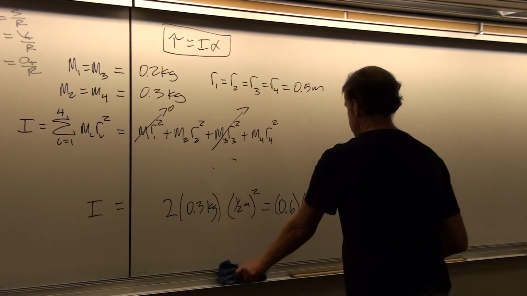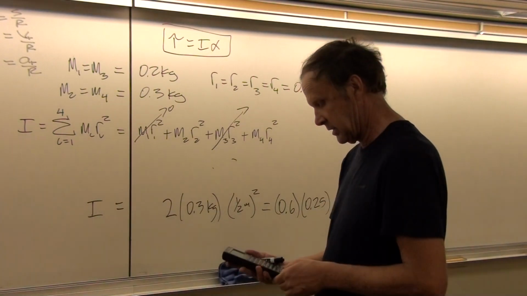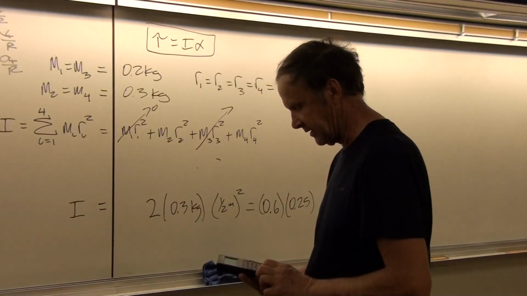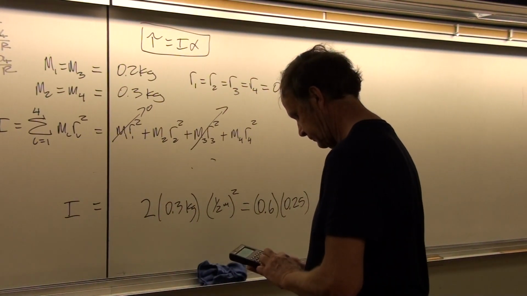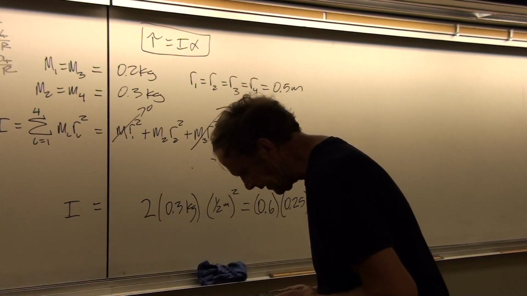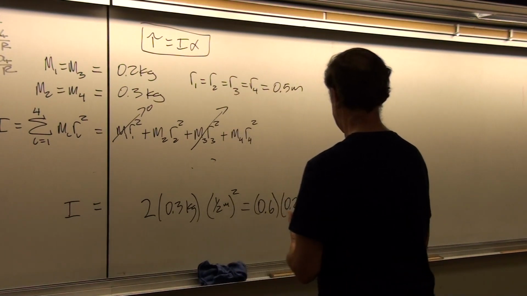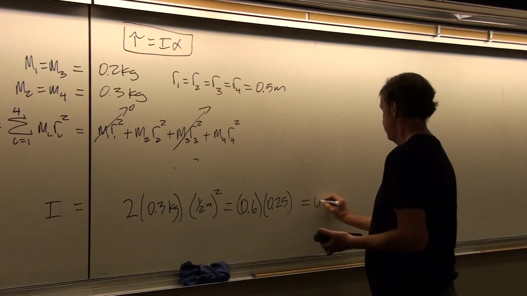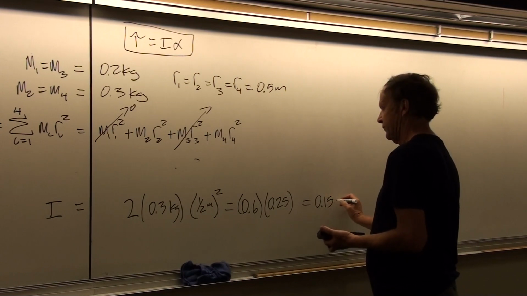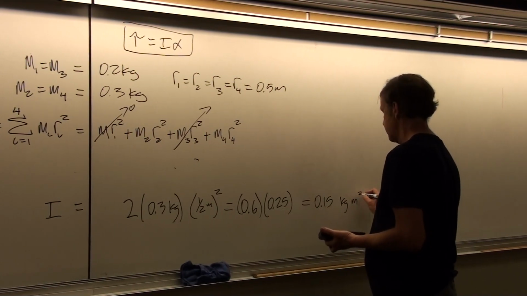And so that would only be 60% of the moment of inertia that we had in the last example. And so that would be 0.15, and that would have units again of kilogram meter squared.